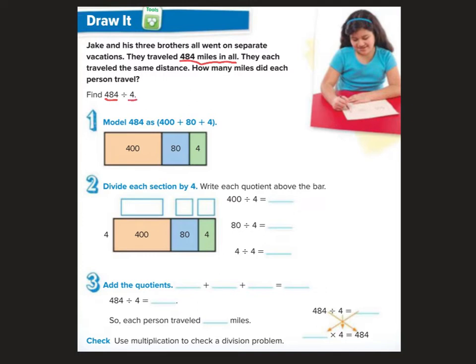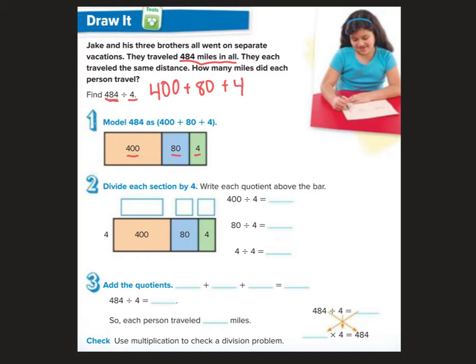If I break up 484 into 400 plus 80 plus 4, this is called expanded form. I'm breaking apart each place value to show its value. I could also draw it in a model like this, 484.